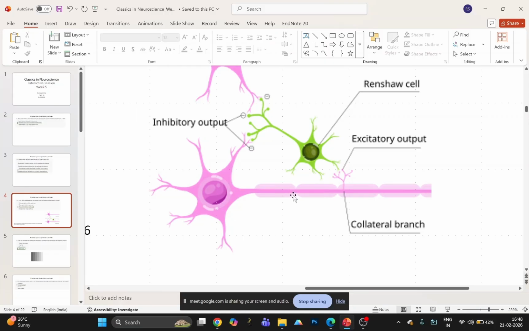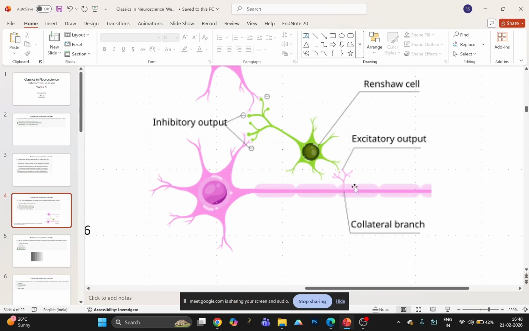And they found that these axons have collaterals, or they have branches. Okay, collateral means that there are branches of the axon. So these branches are synapsing with these interneurons, and this is obviously excitation.